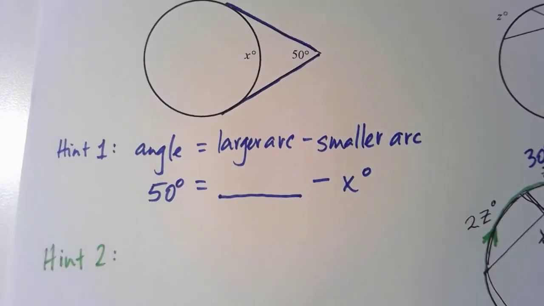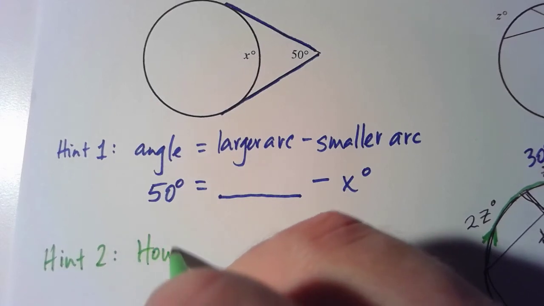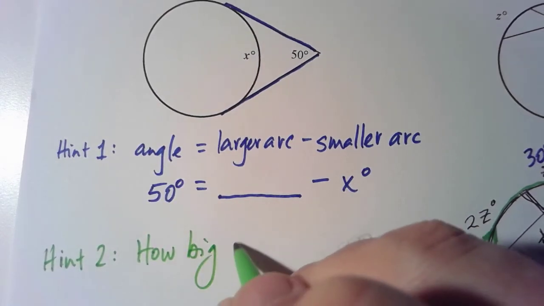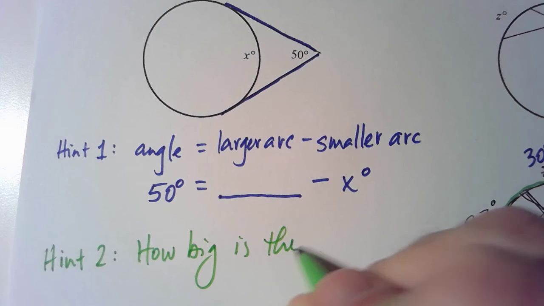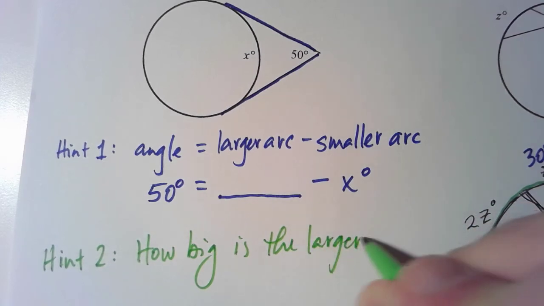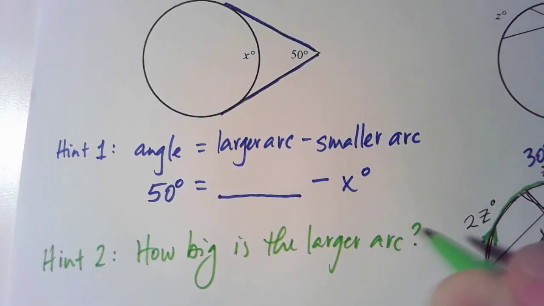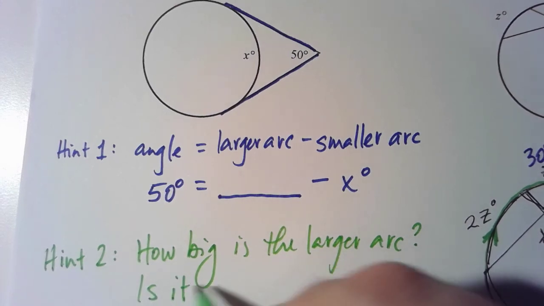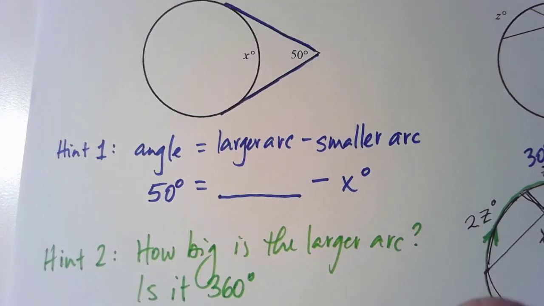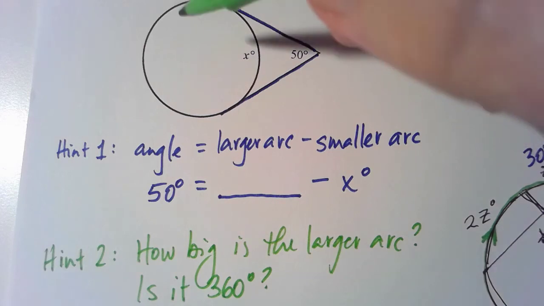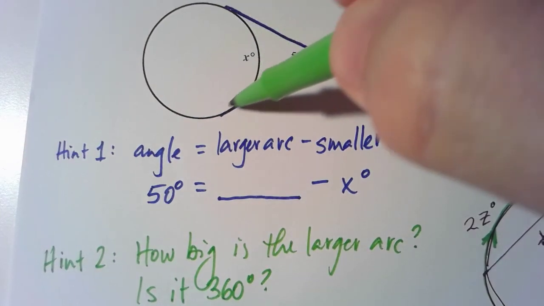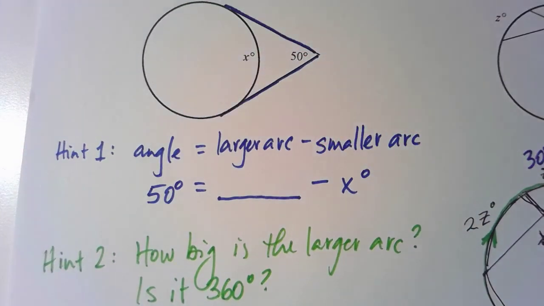So hint number 2 is how big is the larger arc? And I'm going to ask you a question. Is it 360 degrees? Well, it would be the whole circle, right? This would be the whole circle if it was 360 degrees.